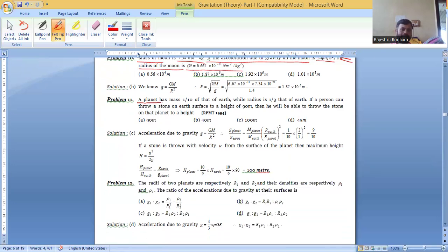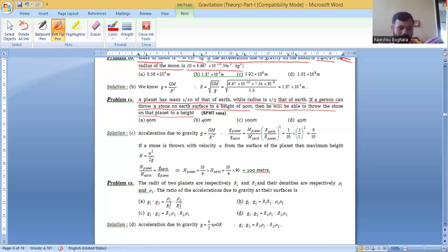A planet has a mass 1/10 of that of Earth, while the radius is 1/3 that of the Earth. If a person can throw a stone on Earth's surface to a height of 90 meters, then he will be able to throw the stone on the planet to a height of?